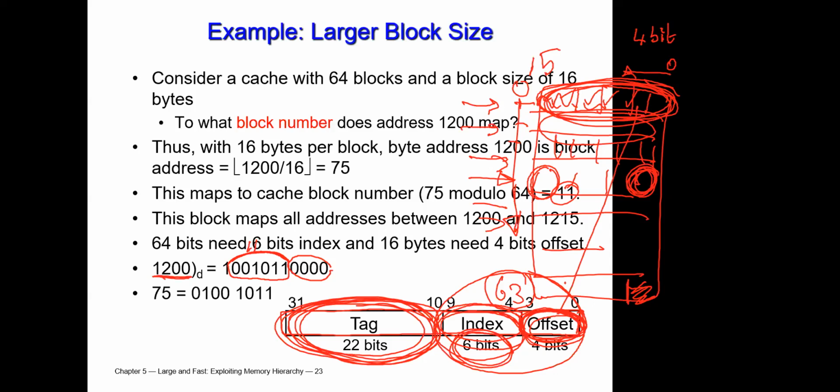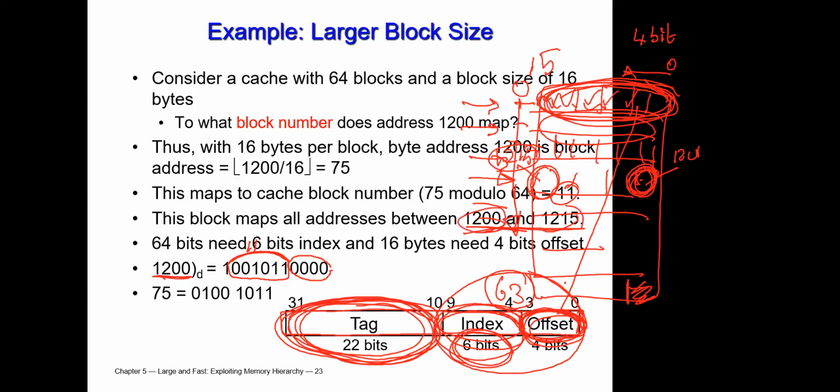So if byte number 0 is 1200, then 1200, 1201, 1202, all the way till 1215 are in the same block number, correct? And that's why I wrote here that this block maps all addresses between 1200 and 1215.